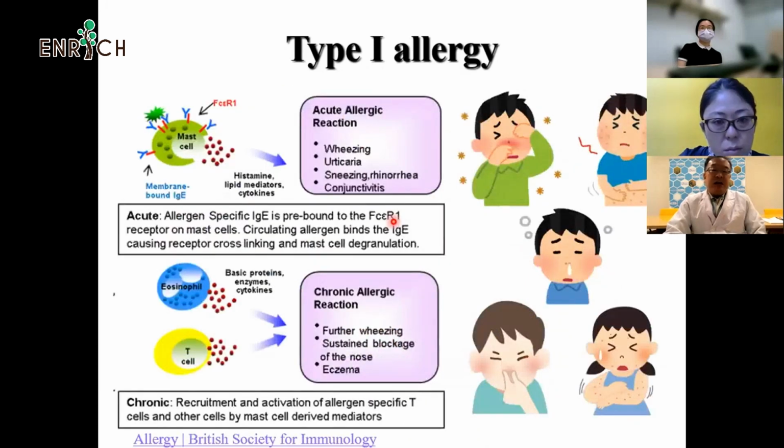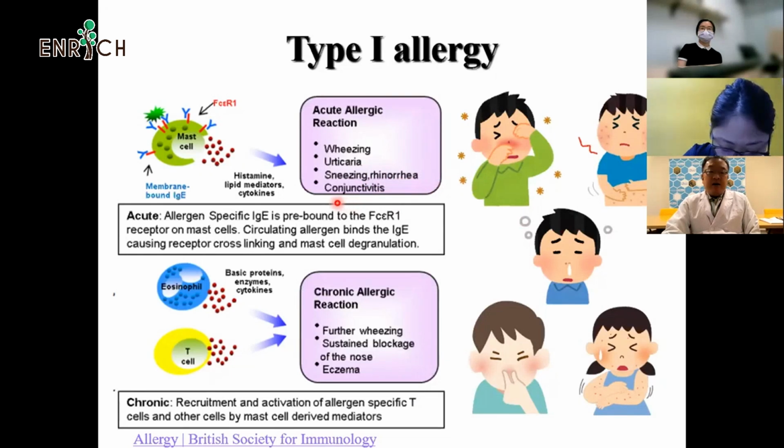These reactions can be found in our body, including eyes, nose, respiratory system, skin, and digestive tract. In the respiratory system, wheezing is a typical reaction in allergic asthma, and also there is an itchy skin reaction. Also, sneezing and rhinorrhea are typical symptoms in nose allergies.